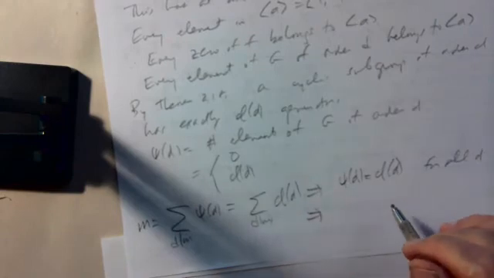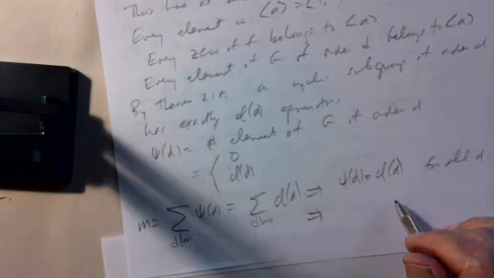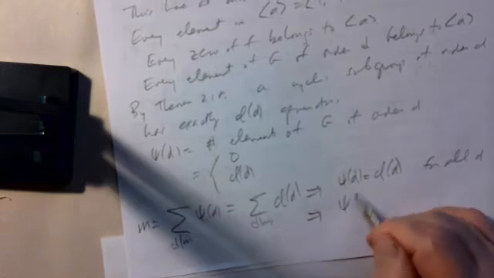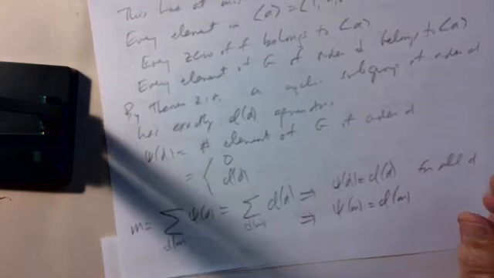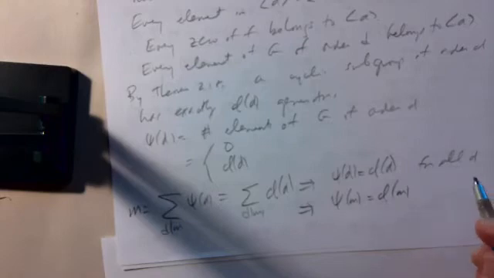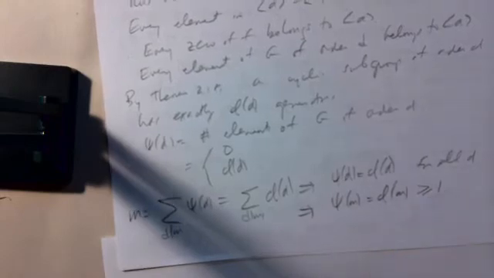So we get that psi of D is phi of D for all D. In particular, psi of M is phi of M. It's greater than or equal to 1. So remember, what is M?